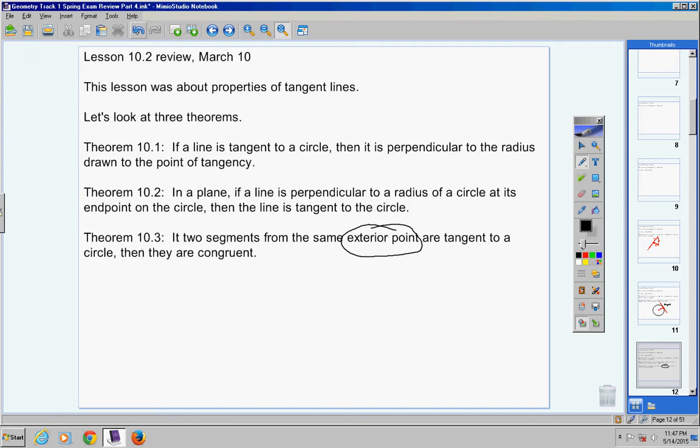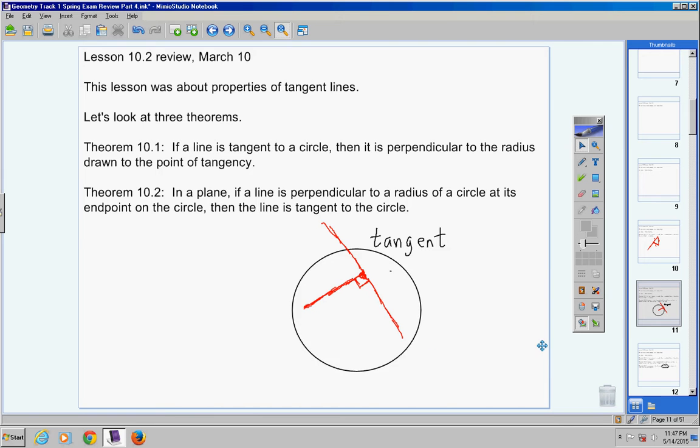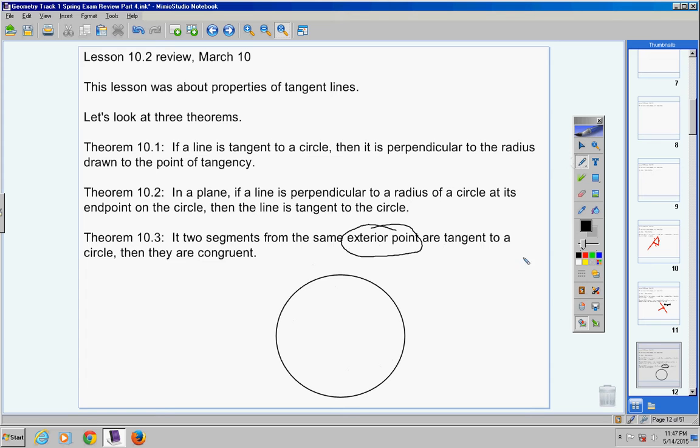So, if I told you that this line here, this segment right here, and this segment here are both tangent to the circle.